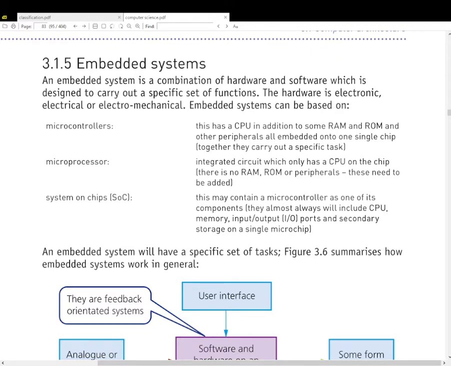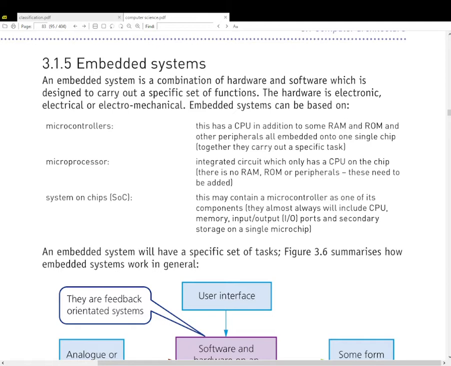Then we have the microprocessor, which is an integrated circuit which only has a CPU on the chip. There's no RAM, there's no ROM. You need to understand that a microprocessor doesn't have RAM or ROM, but it normally has some kind of registers, which are basically types of ROMs within the processor, but they are not exactly ROM.